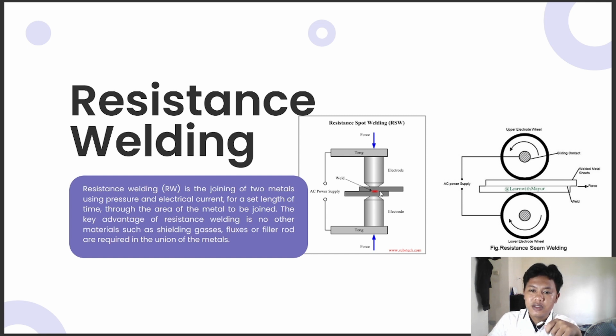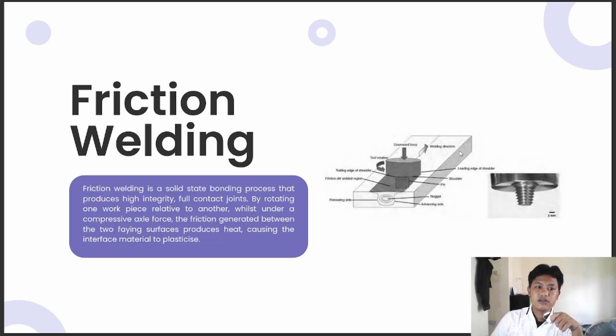Spot welding joins in point form. Seam welding joins through the layer, all the layer. The difference from spot welding, which is only point by point, is the difference between spot welding and seam welding.